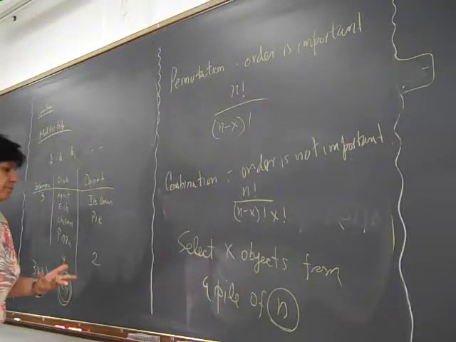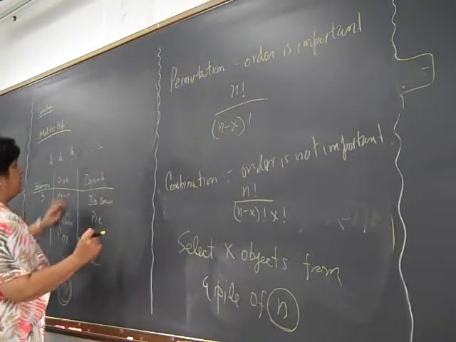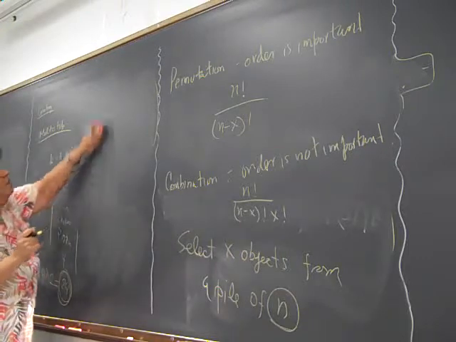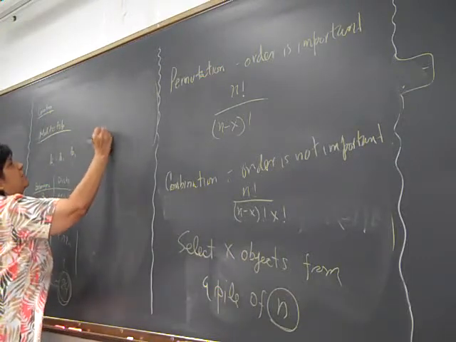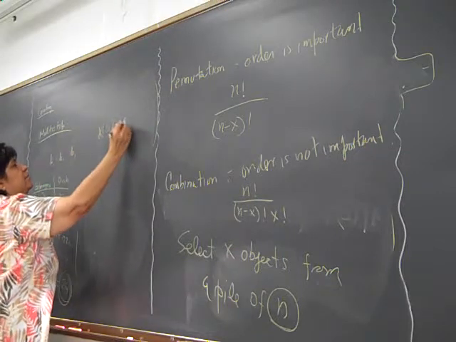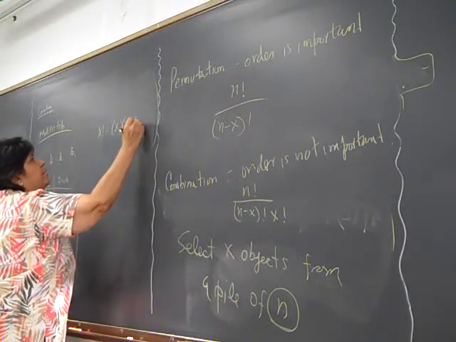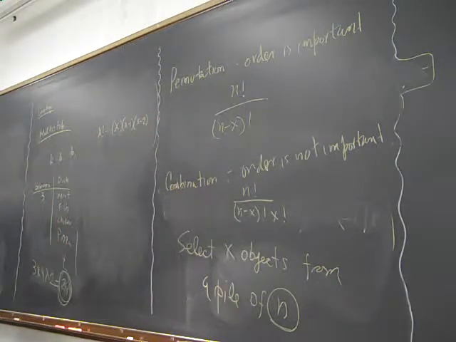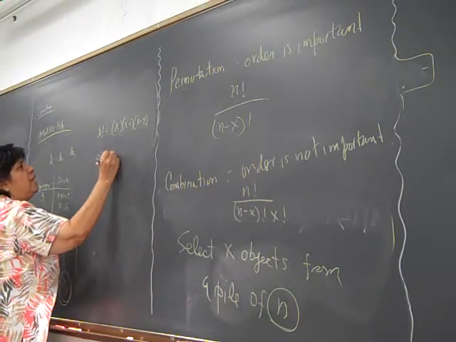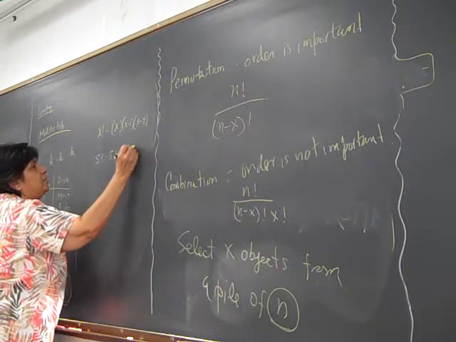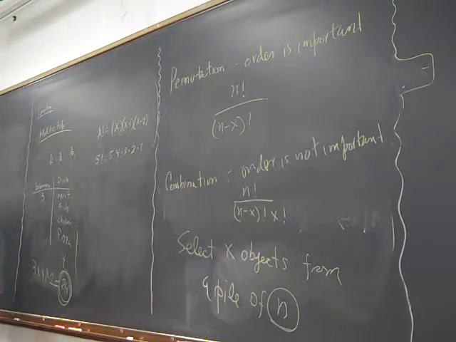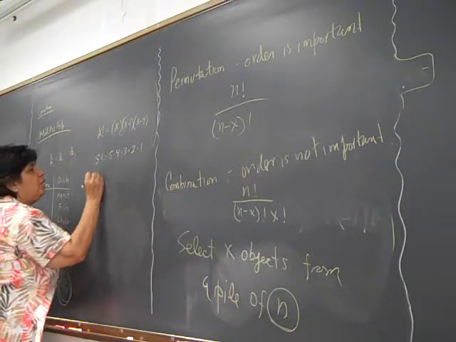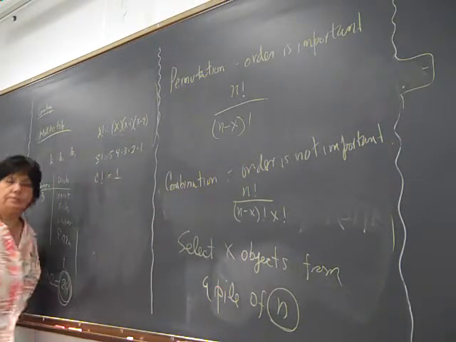You know what factorial is? X factorial is equal to x times x minus 1 times x minus 2, down to 1. So 5 factorial is equal to 5 times 4 times 3 times 2 times 1. By definition, 0 factorial is equal to 1. By definition.